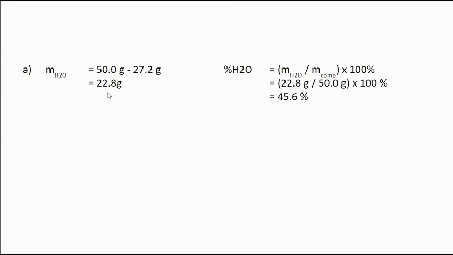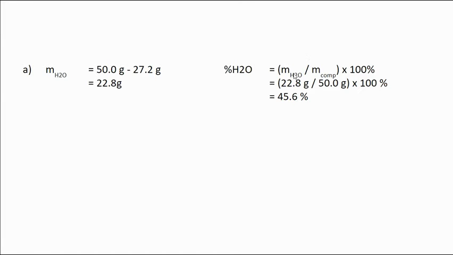Now I want to know, out of the entire 50 grams, what percentage is H2O? Sorry, I didn't get my subscript there. If you look back, this is like a percent composition or mass percent question that we did a couple days ago.